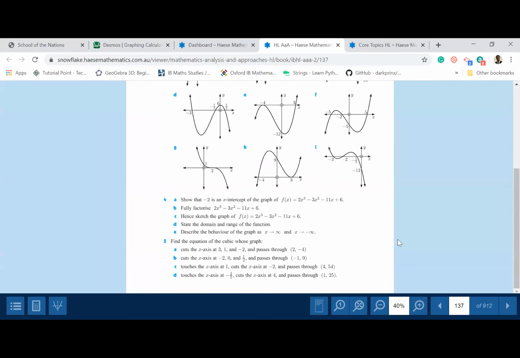D. Cut this. It touches, doesn't cut, good. It touches, so that means that's a square. Wonderful. It cuts at 4, very good. Very amazing. Well done. Yep.